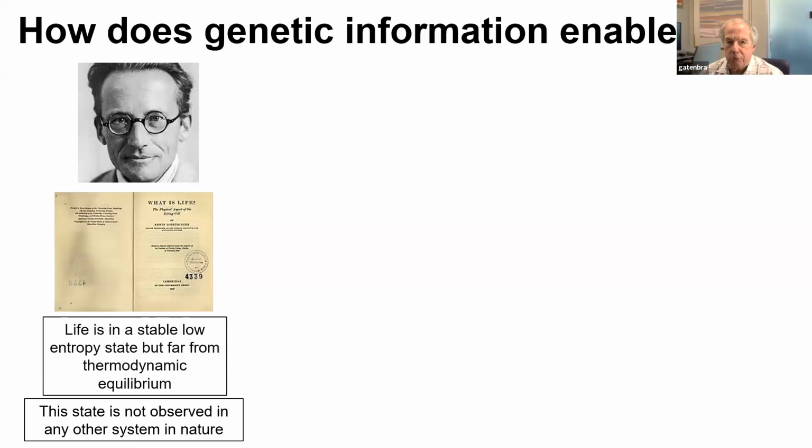As I said, this is really a biological project, and it goes to something that I found very interesting as a biological problem, which is: how does genetic information enable life? This goes back, I think, to Schrodinger and his 1944 book, What Is Life.